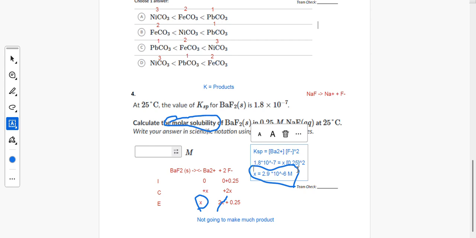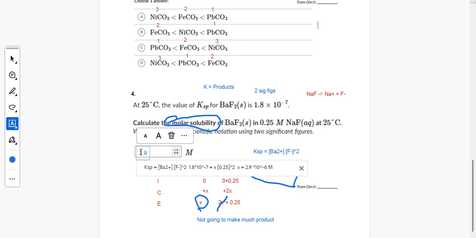That's my molar solubility, and you can type that in just like that. Make sure that because we started with 2 sig figs up here, your answer is in 2 sig figs right here. So if I were to type that in, that would be 2.9 times 10 to the exponent negative 6.